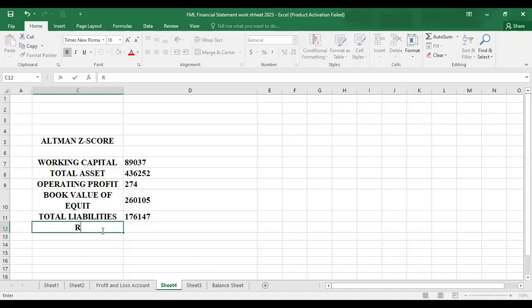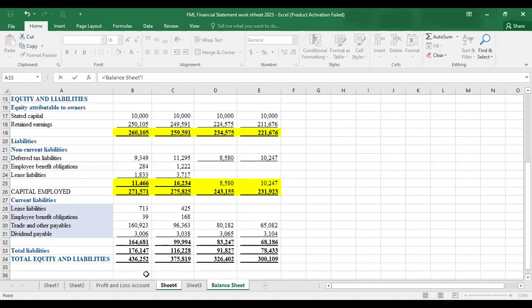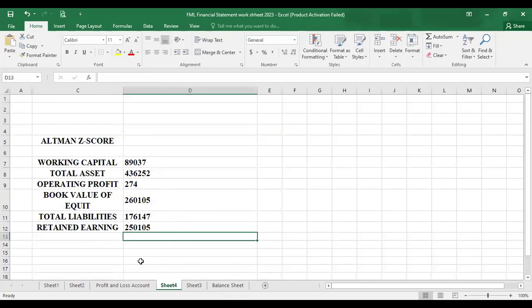Please, accumulated profit is the same as retained earnings. You'll find it in the balance sheet on the equity side. So now we have all the information that we will need. Please, do you remember the formula?